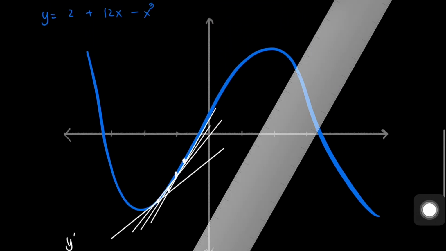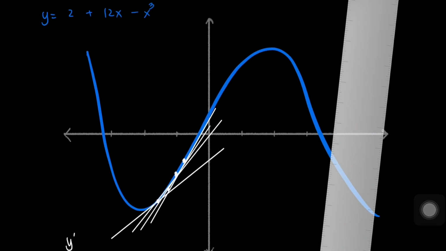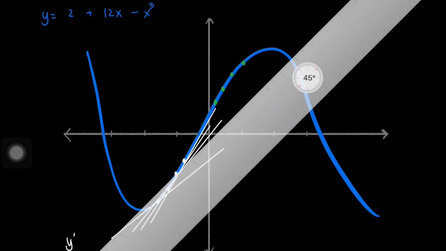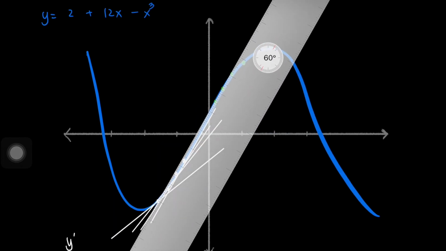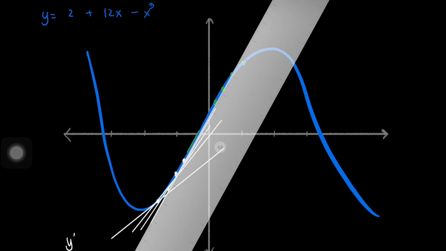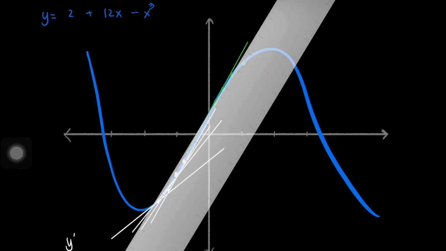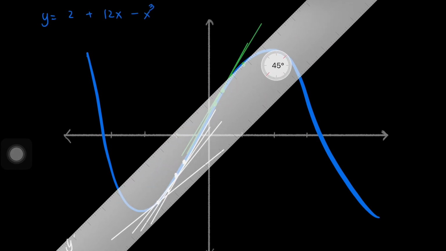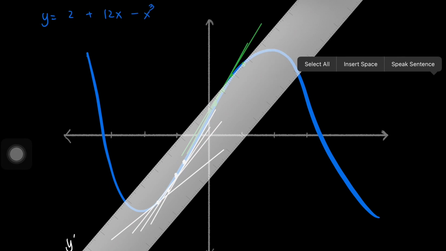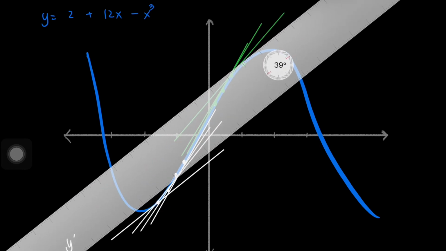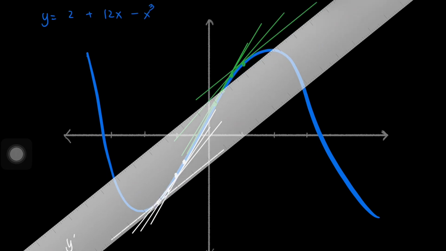So similarly, if we're going to take this region, right? If we're going to take points in this region, say for example, this point, this point, this point, and this point, and draw tangent lines at these points, we have this tangent line, and this one, and so on.